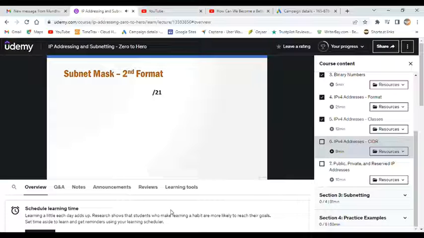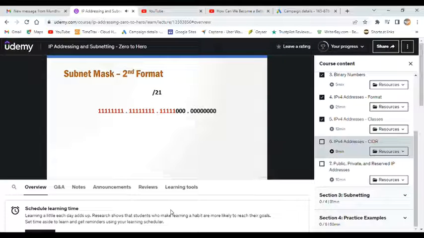So it's super easy to write a mask like this, but actually when you configure a router or a switch or some servers, you can't really use this format while configuring. So a mask can actually be written the same way as an IP address. /21 equals 21 ones and 11 zeros.